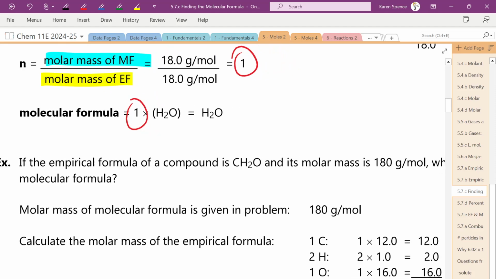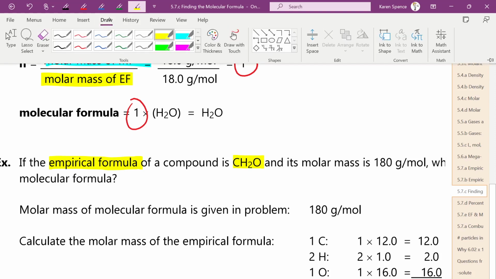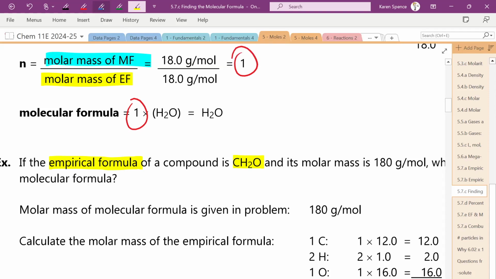If the empirical formula is CH2O and its molar mass is 180 grams. Now, when they say the molar mass, that's the molecular formula.